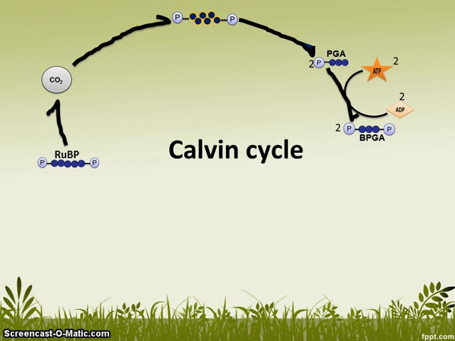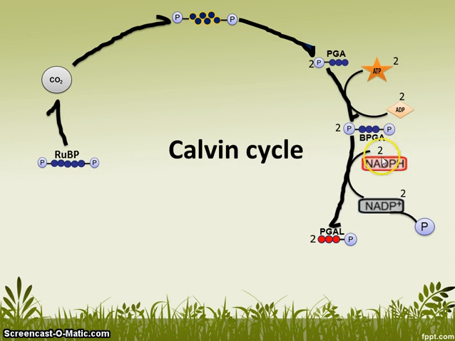ATP from the light-dependent stage then phosphorylates the 2 PGA into bisphosphoglycerate, and then ATP loses one phosphate, becomes an ADP, a diphosphate.